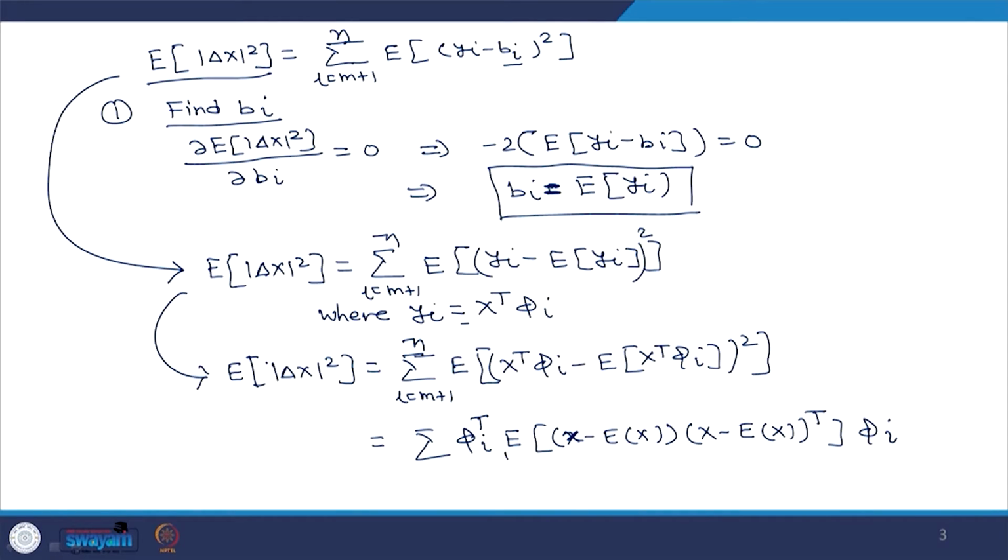Now, if you see carefully, what is this? It is the data covariance matrix as per the definition of covariance matrix. So, what I can write?